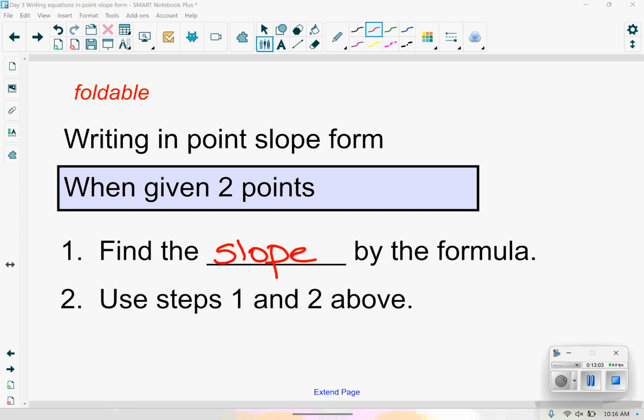If you look above, you have how to do it when you have a slope and a point. So once you find your slope, then you just put your x and y in, figure out a point and do it. And that is exactly what it tells you in the little box right above this one, when given a slope and a point. Okay?